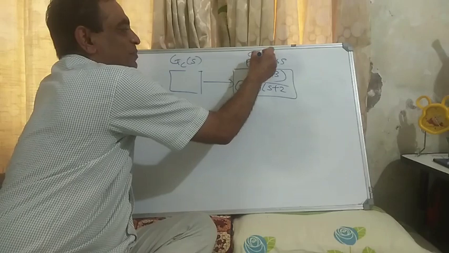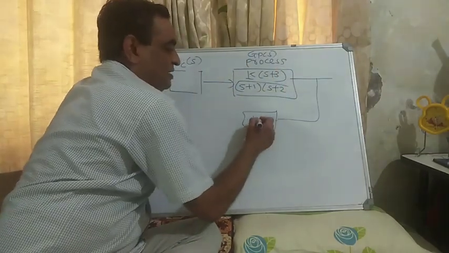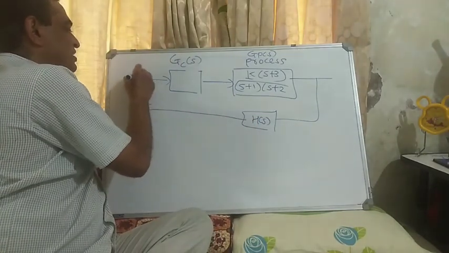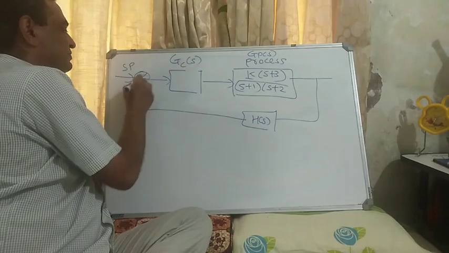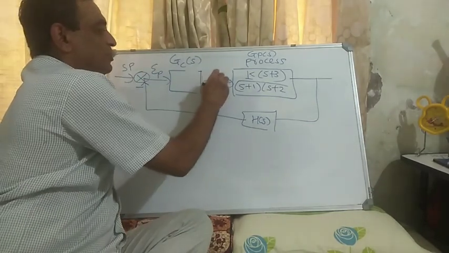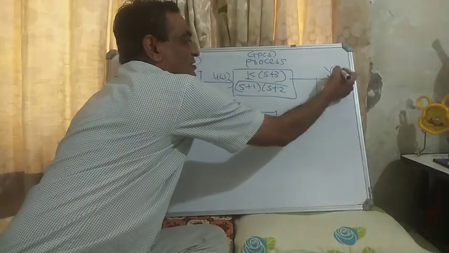This is Gp(s), and this is H(s). This is the set point. The feedback is negative. This is E, this is U(s), and this is my output Y(s).